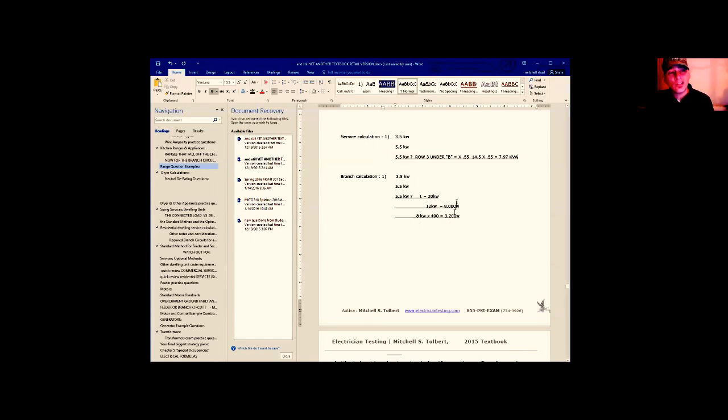There's a service calculation. I've got 14.5, but as a branch, I've got 15 kW, don't I? As a branch calculation, I am adding them up. I get the 14.5 the same way I did the first time, but note 1 tells me that every half kW or a major fraction thereof counts the same as the whole kW.